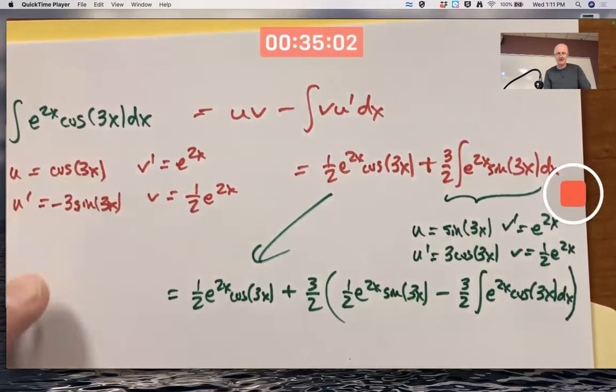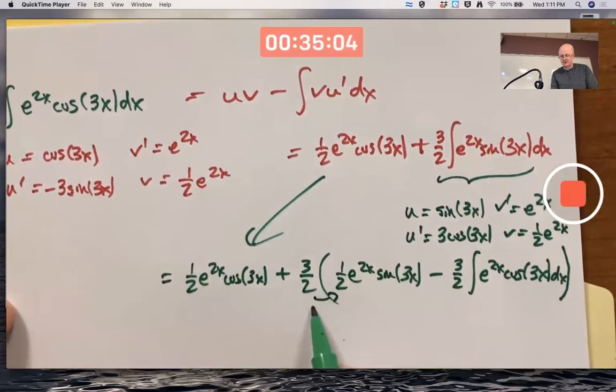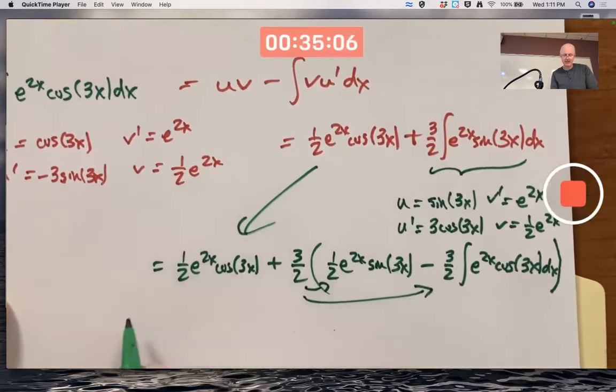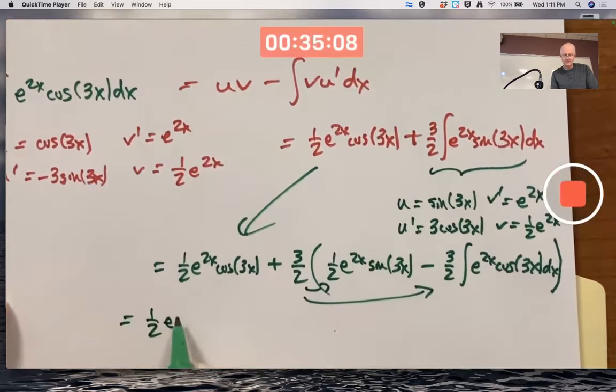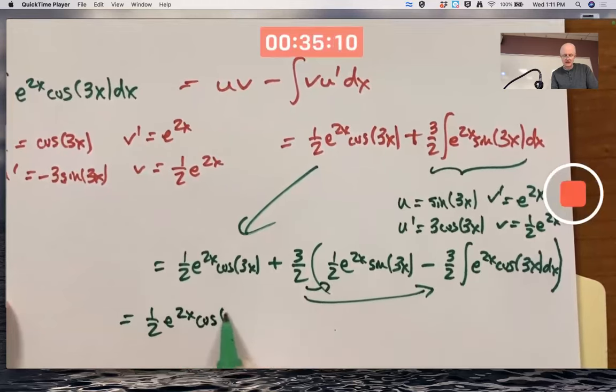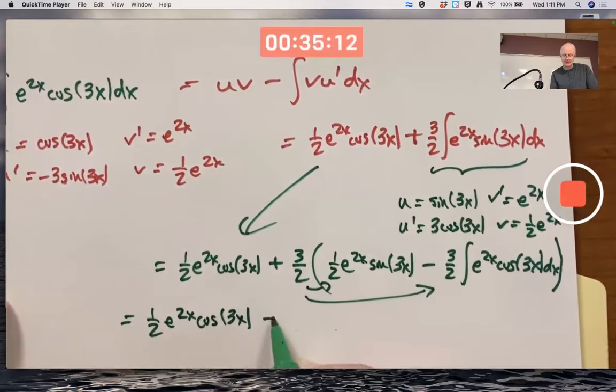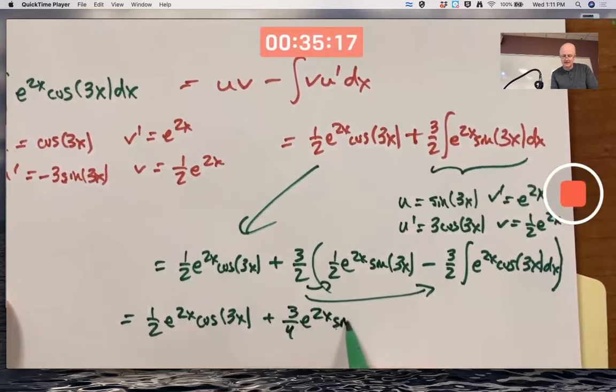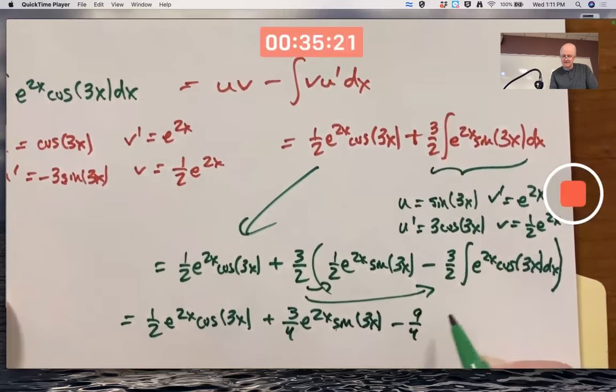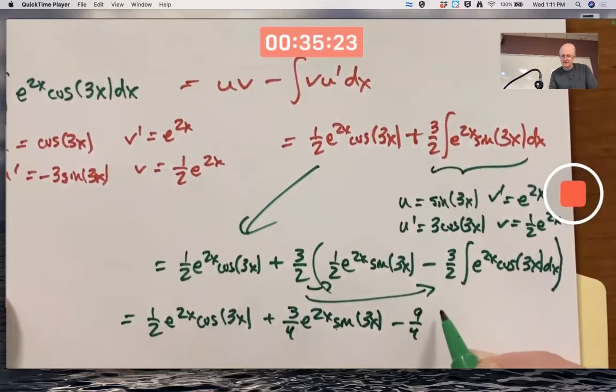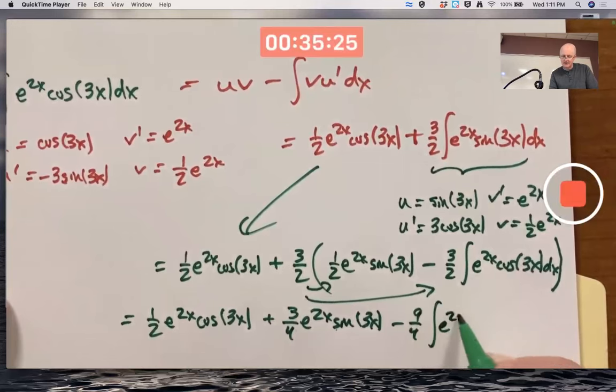Here's what I mean. First, distribute the 3 halves through the parentheses, to get, for the first term, 3/4 e to the 2x sine 3x. And for the next one, a minus 9/4 integral of e to the 2x cos 3x.